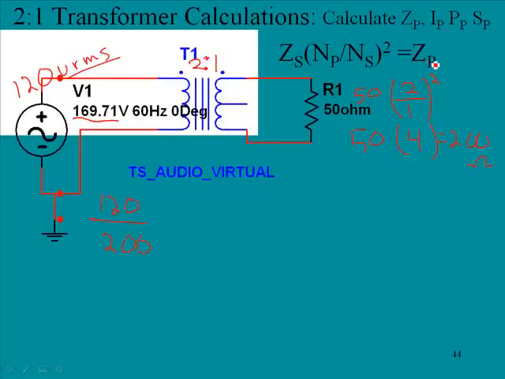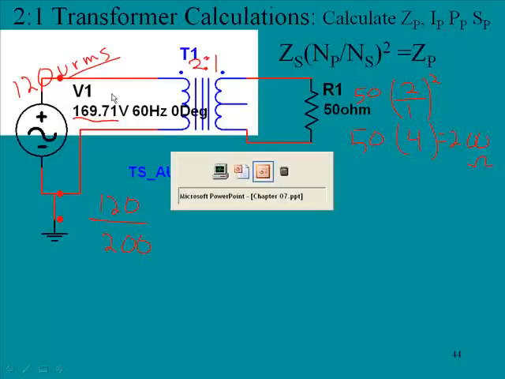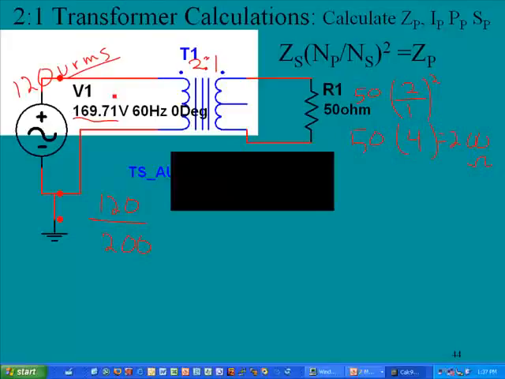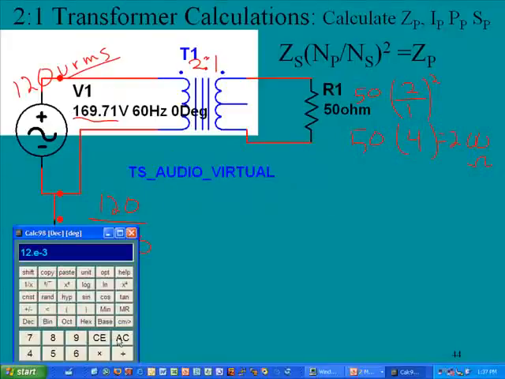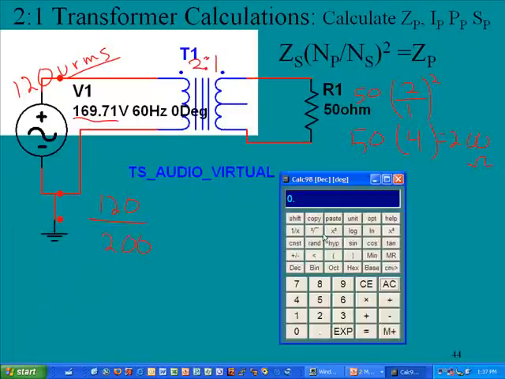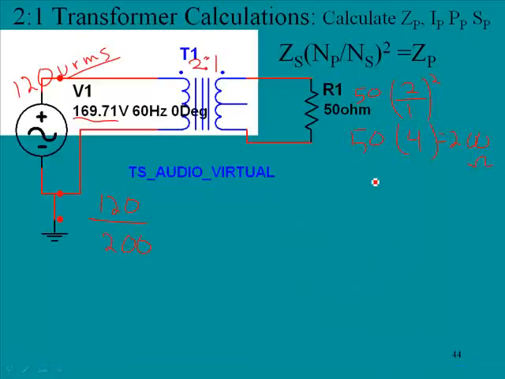We calculated the primary impedance, so let's pull up our calculator. 120 divided by 200 equals 600 milliamps.